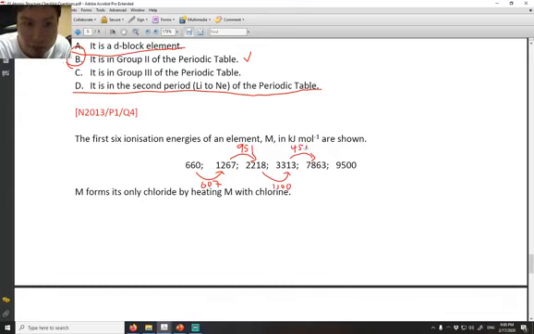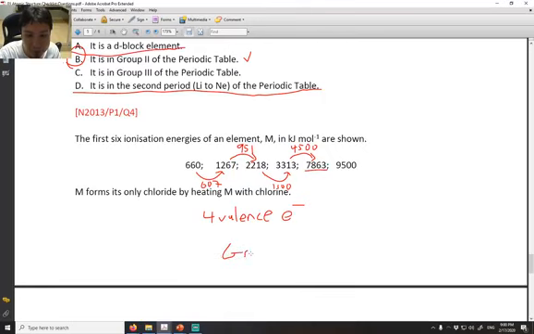There is a huge jump from the 4th ionization energy to the 5th ionization energy, meaning that the 5th electron must be removed from an inner principal quantum shell, and hence there are exactly 4 valence electrons, which tells you the group number of element M, which means that it's in group 4.